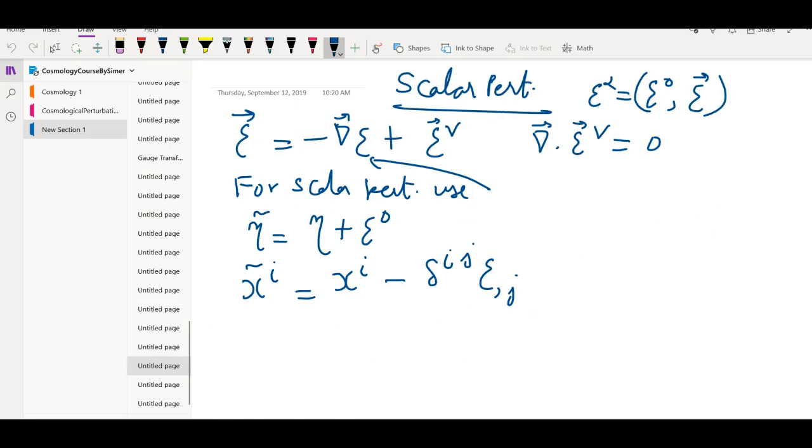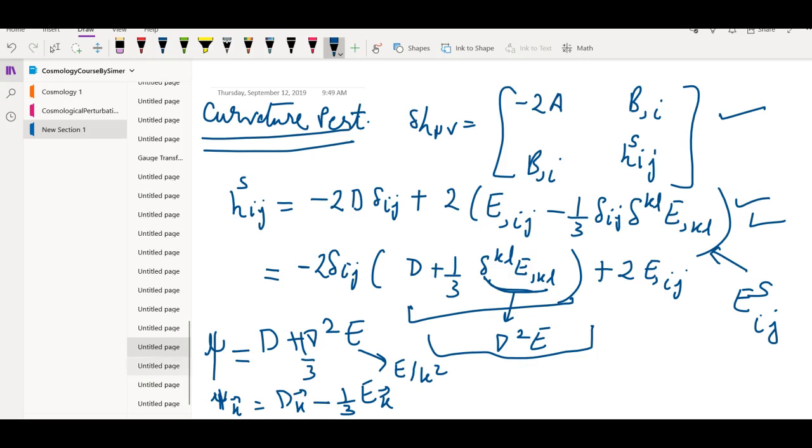Now next, in this course, the main part of our focus will be on scalar perturbations. So let us collect all the scalar perturbations that we can collect from this metric.